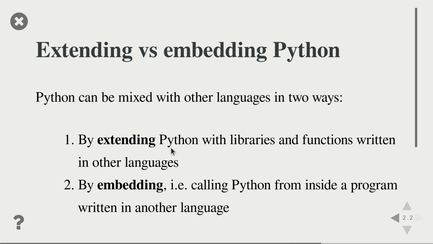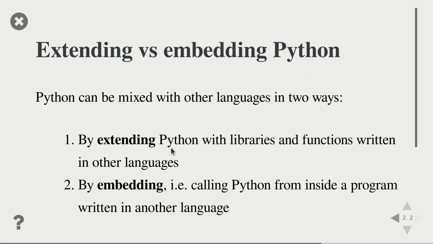So extending Python means that you have a Python program and you extend that Python functionality with libraries and functions written in other languages. So that's actually mostly what we're looking at. But sometimes it's also useful to embed Python into an existing program.